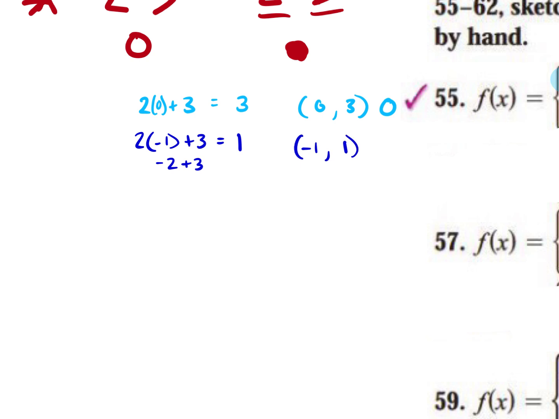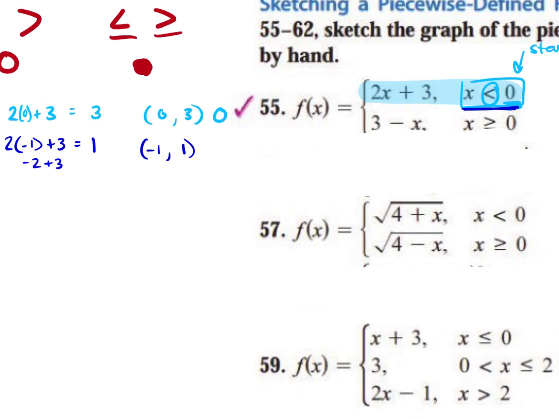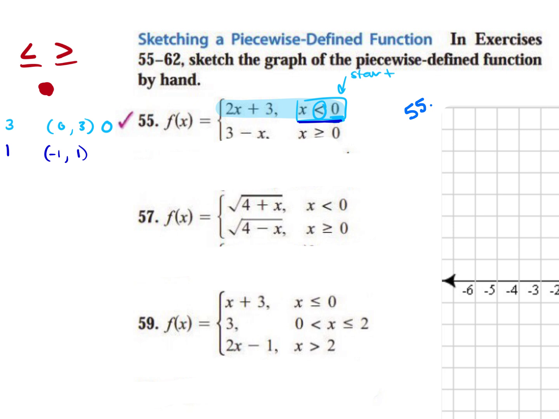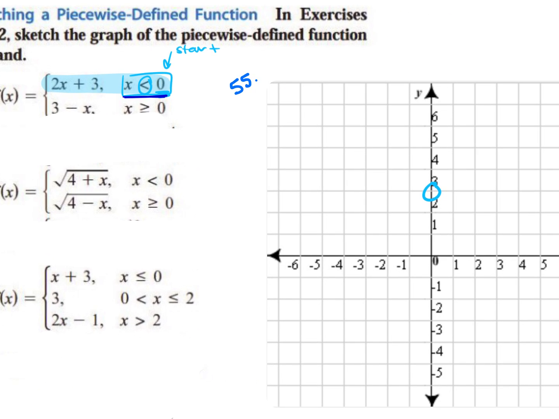Now the second point for this piece of our piecewise function just gives us direction. So it's not an open or closed circle here. It's just a point on our line. So we're going to go to the left to -1 and up 1. Once we have our 2 points here, we can connect our graph with a line. If you want to plug in more points just to be super sure, you can.